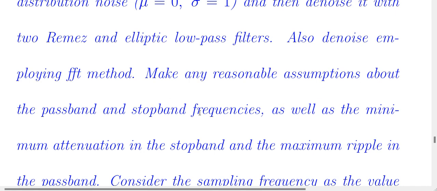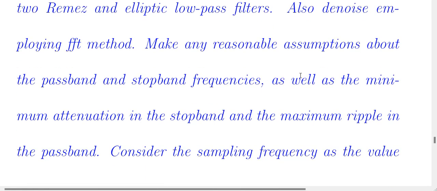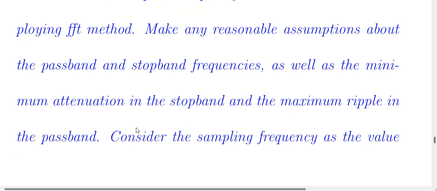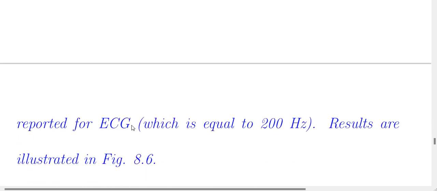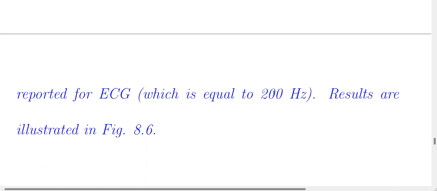Make any reasonable assumptions about the passband and stopband frequencies, as well as the minimum attenuation in the stopband and the maximum ripple in the passband. Consider the sampling frequency as the value reported for ECG, which is 200 Hz.